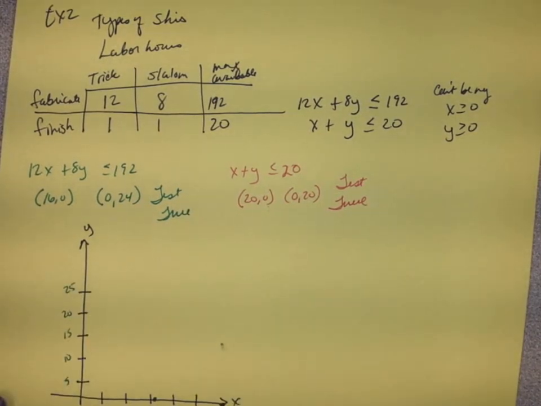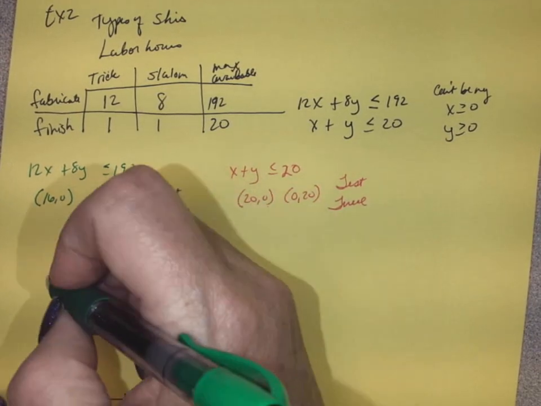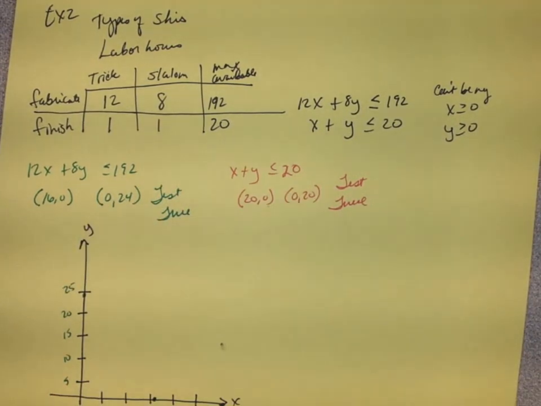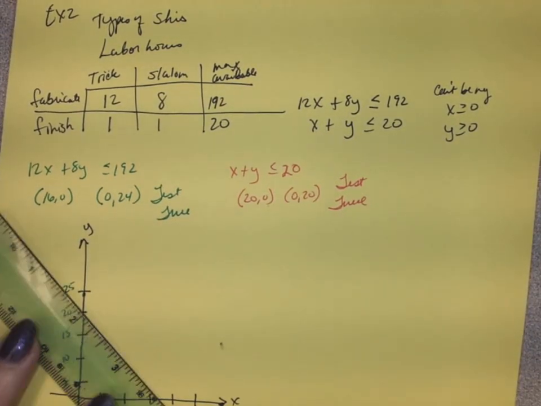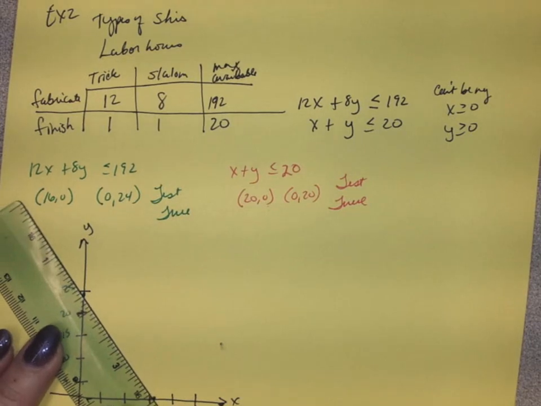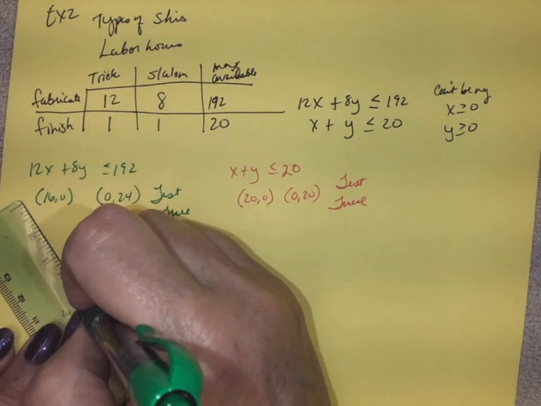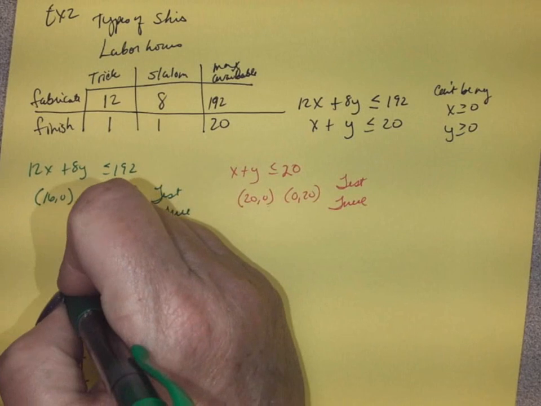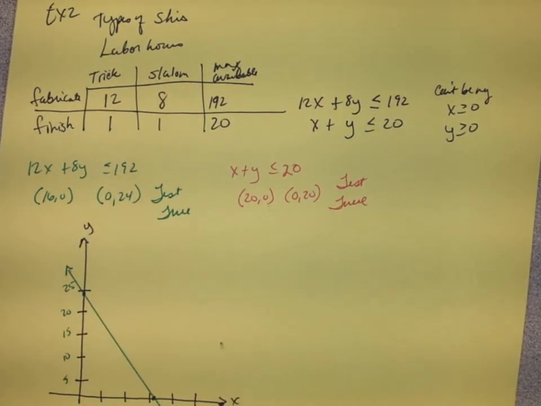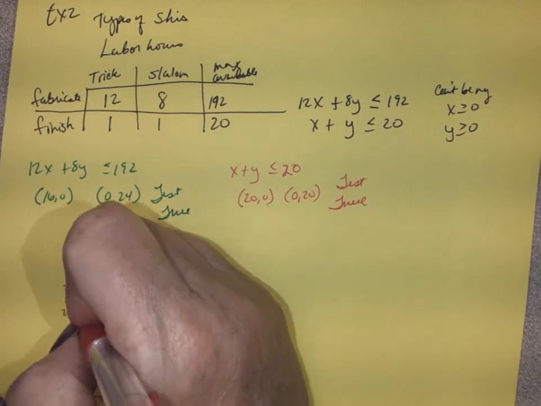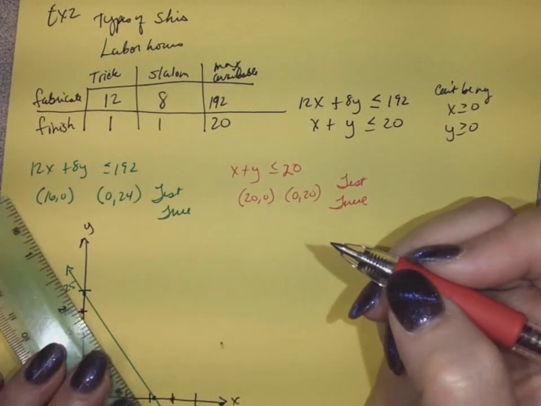Okay, we've got 16 and we've got 24, so right there. All right, so this will be that line. And then our other one is going to be at 20 and at 20.